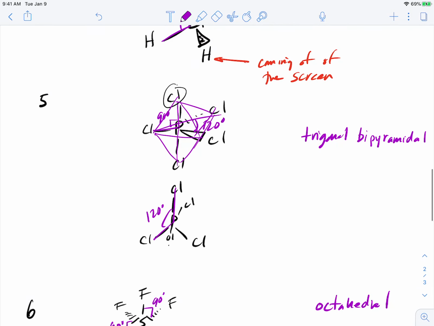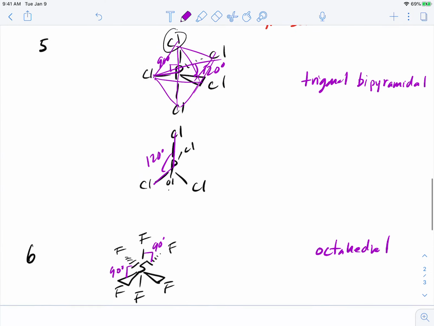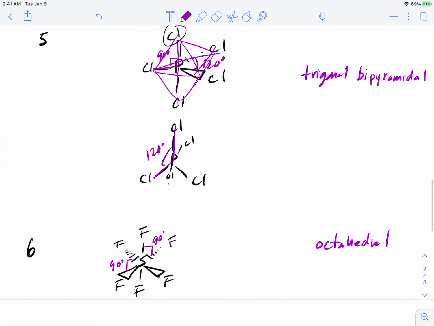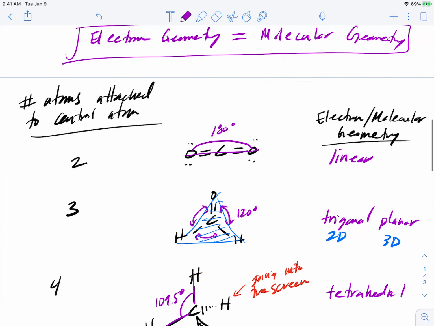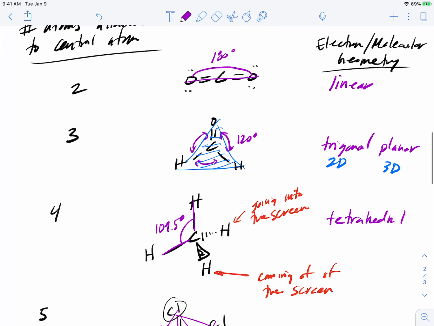Okay, so those are your basic shapes, electron geometries. Now for example, octahedral, we can replace these fluorines with 1 lone pair, 2 lone pairs, 3 lone pairs, and get different molecular geometries, even though they all have the same octahedral electron geometry. So we're going to go back through and say, okay, for linear, what happens? We're going to remove an electron group, and then for trigonal planar, for each one of these electron groups, we're going to add lone pairs.